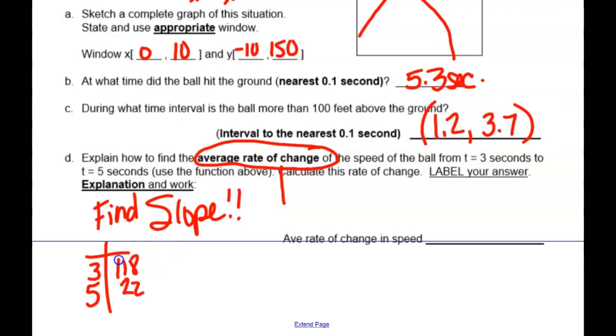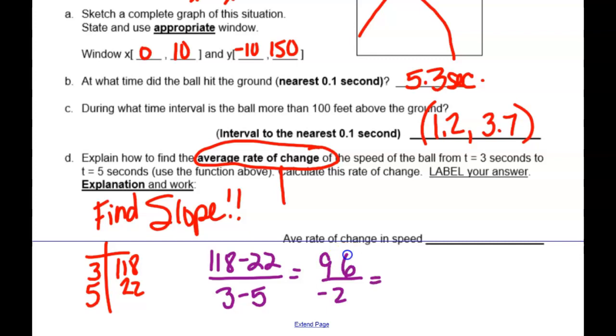118 and 22. So to find the slope between those, it's y minus y over x minus x, which is 96 over negative 2. Did I do that right? Which is negative 48. What would the label be?